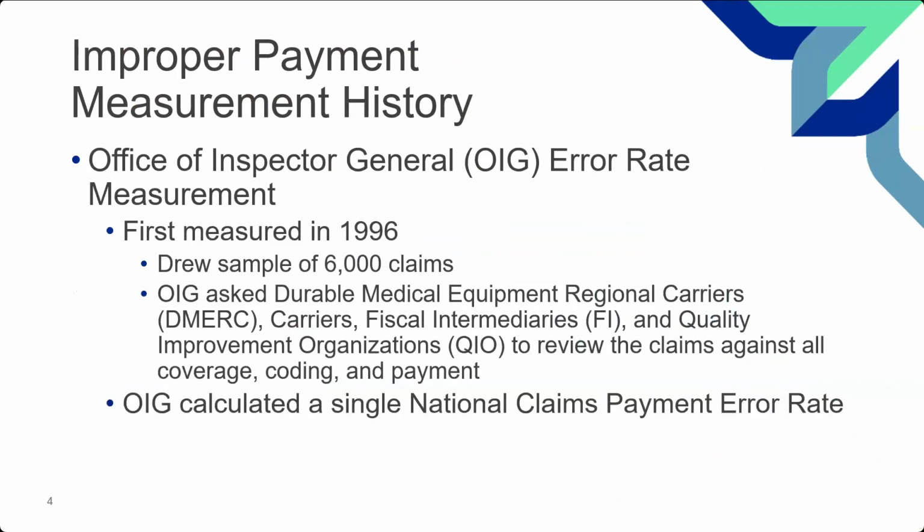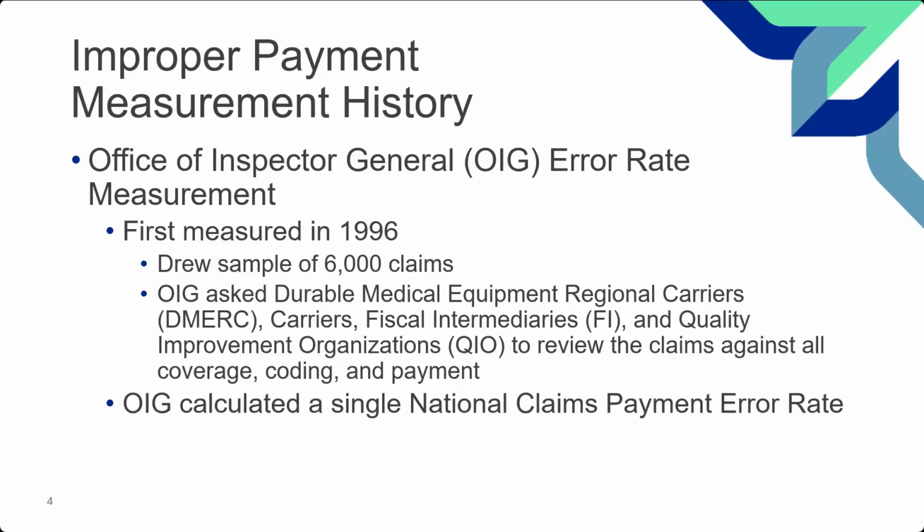This slide provides details about the history for improper payment measurement of Medicare claims. The task fell to the Office of Inspector General, we call it OIG, from 1996 to 2002. They sampled only a small number of claims. OIG asked the contractors listed on this slide, including carriers and fiscal intermediaries, to perform a review of coverage, coding, and payments for all sample claims.